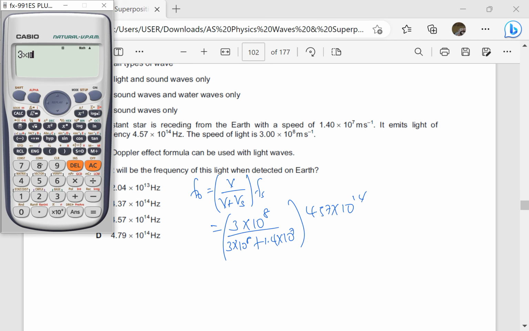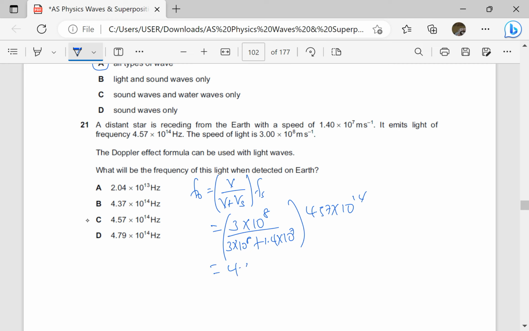So we have 3 exponent 8 divided by 3 exponent 8 plus 1.4 exponent 7, then times 4.57 exponent 14. So the answer is 4.37 times 10 power 14 Hertz. So the answer is going to be B.